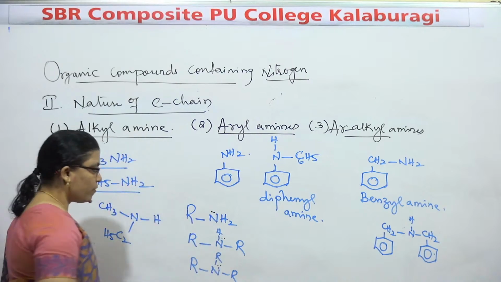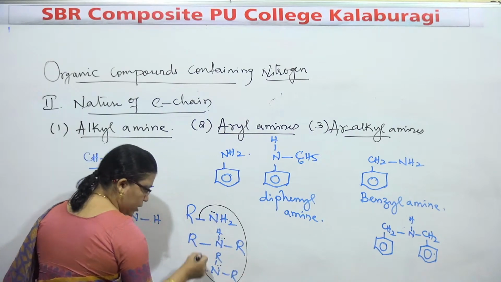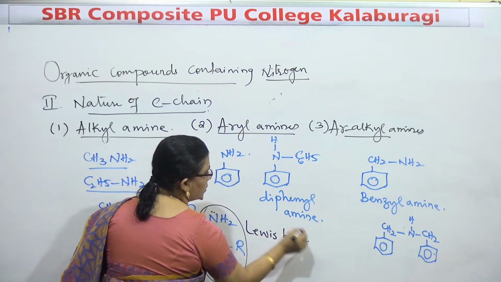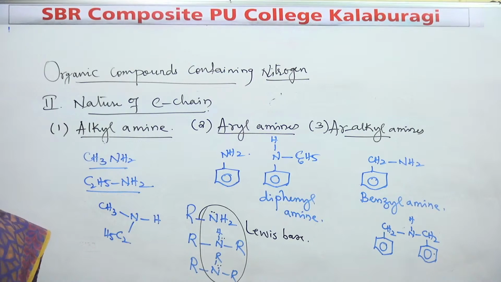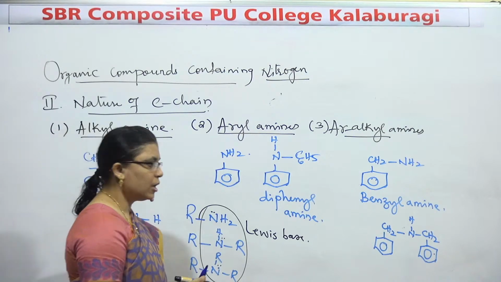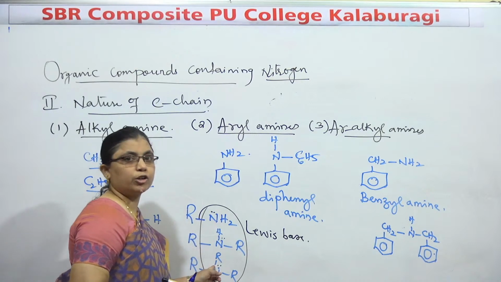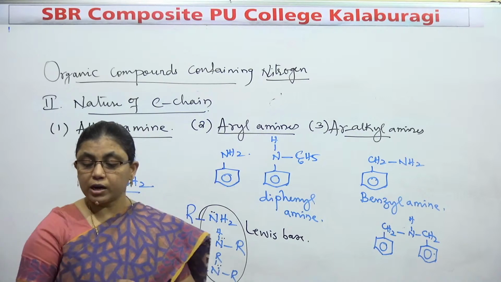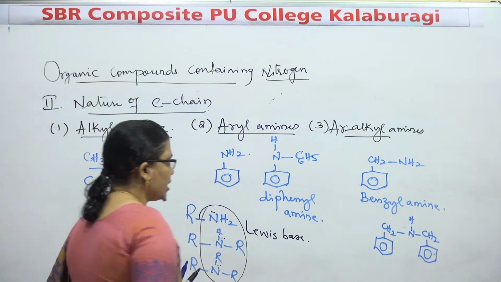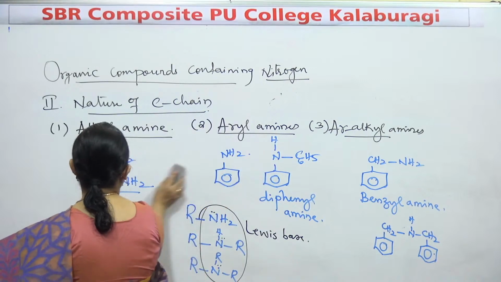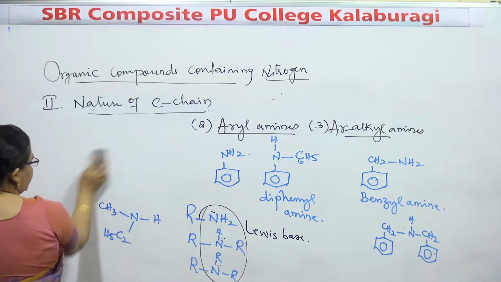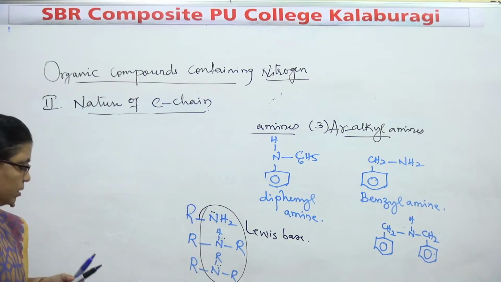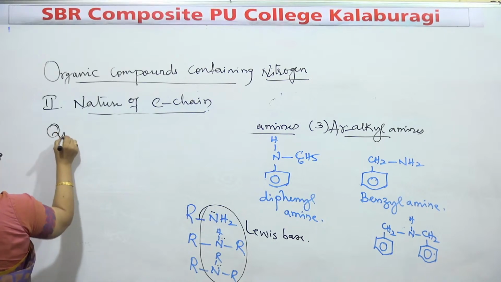Due to presence of lone pair of electrons on nitrogen, they behave as Lewis base. And one more thing you need to remember is that due to presence of lone pair of electrons on nitrogen, amines have the character to form quaternary ammonium salts. What are those quaternary ammonium salts? We'll see.